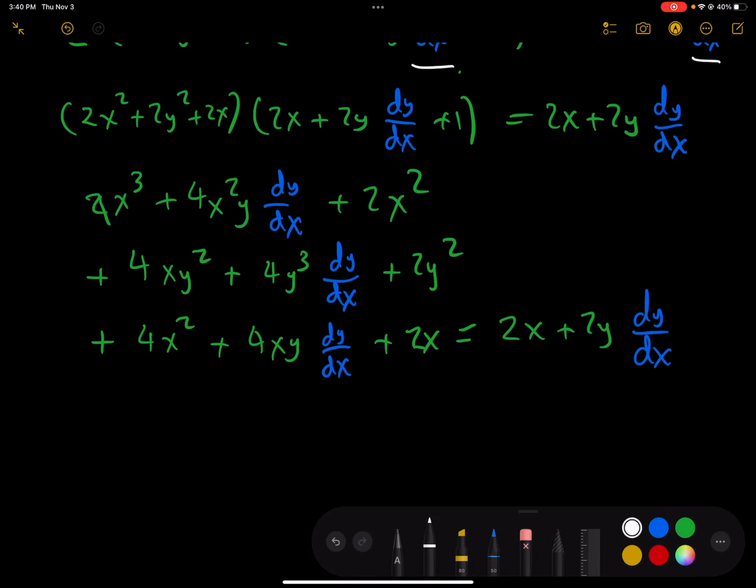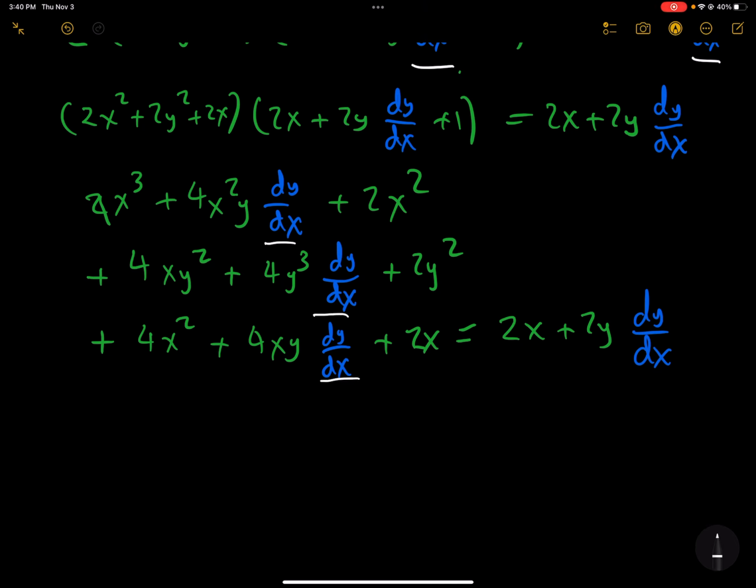Notice that I have 1, 2, 3, 4 terms that actually have dy over dx, so I need to collect all of this. I'm going to write them down on the left-hand side, and then everything else I'm going to collect on the right-hand side.